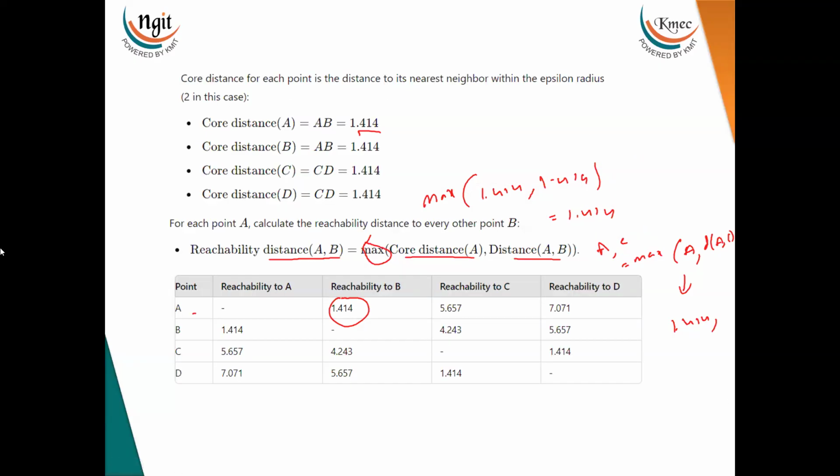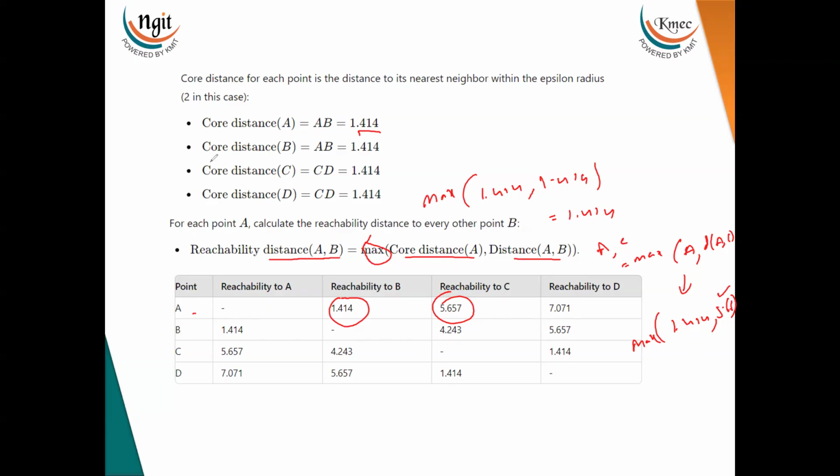We need to take the maximum value from this, right? So 5.66 is the maximum. So the reachability from A to C is 5.66. In a similar way, we need to calculate the reachability from A to D.